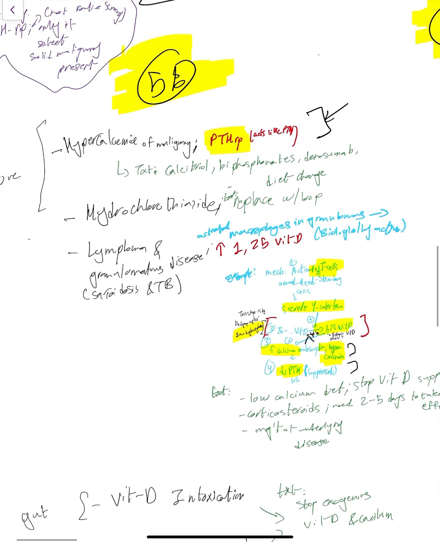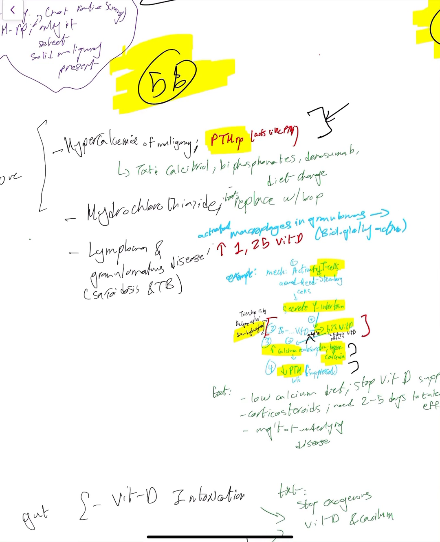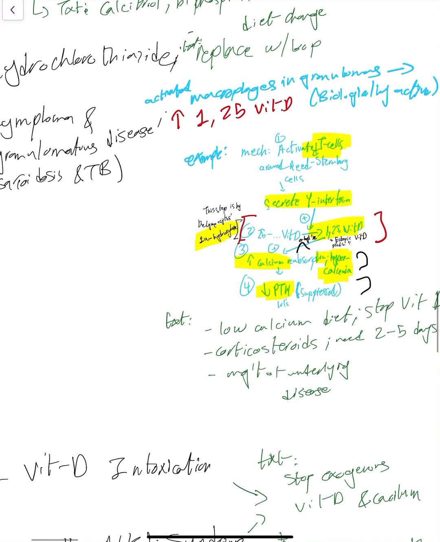Just to give you a quick glance at how it works in granulomatous diseases: when you have granulomas, you have activated macrophages that can lead to increased activation of vitamin D to 1,25 levels, which is biologically active. Here I walk through a mechanism that you can take a look at.